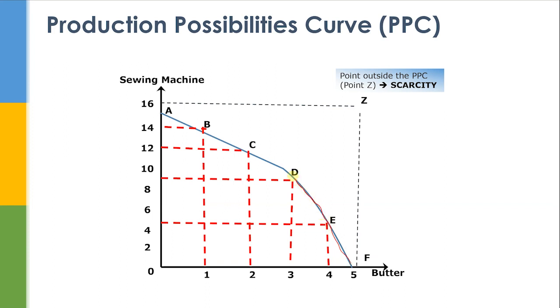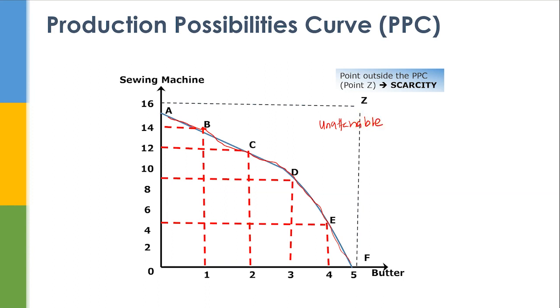Okay, ni semua bila dia dah luar macam ni adalah unattainable lah. Maksudnya points outside the PPC are unattainable. Maksudnya dah luar daripada PPC tu dah tak attainable.